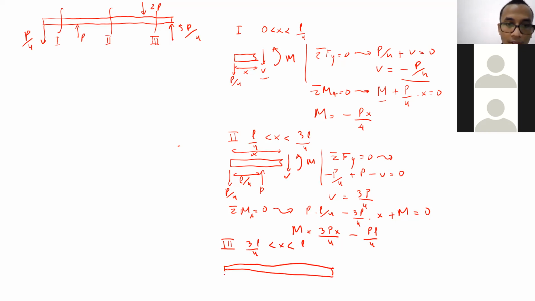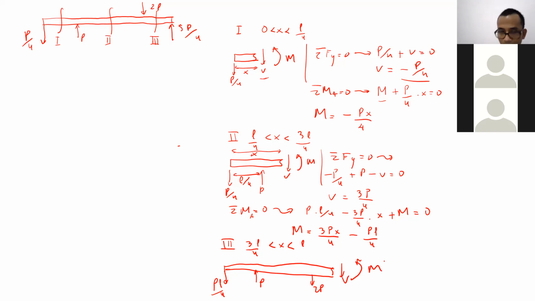We have PL over 4, we have P, and we have 2P, and as usual, because the side is still the same, phi and moment. Correct, right, Nabil?